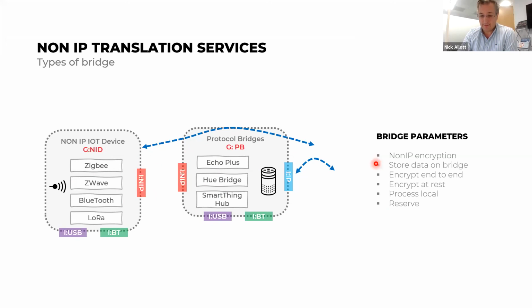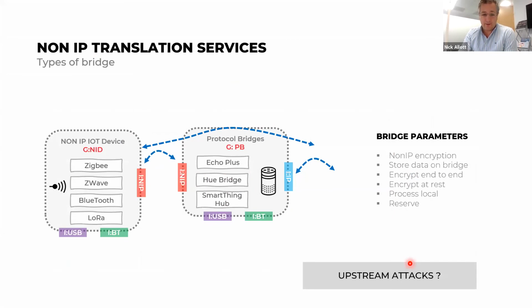It's a two-leg thing. If you don't want to do edge-based processing, you can have encrypt or store pass-through. So there are some interesting design requirements around protocol bridges that impact how it's implemented and the security qualities thereof. And local edge processing and local edge function is a key one.